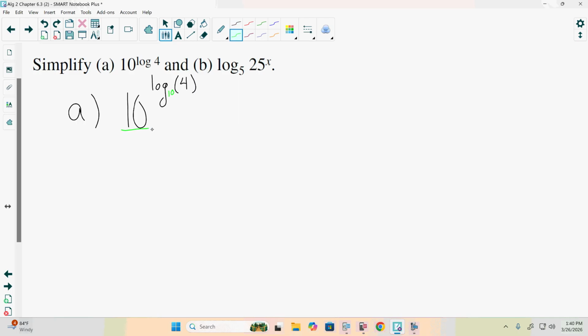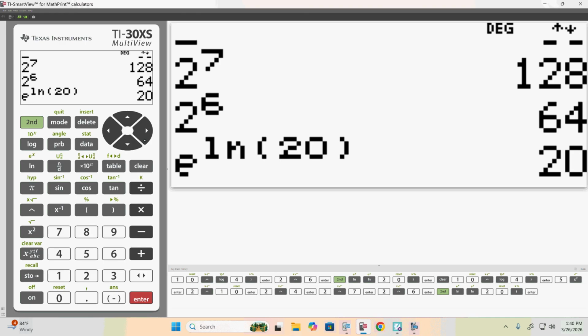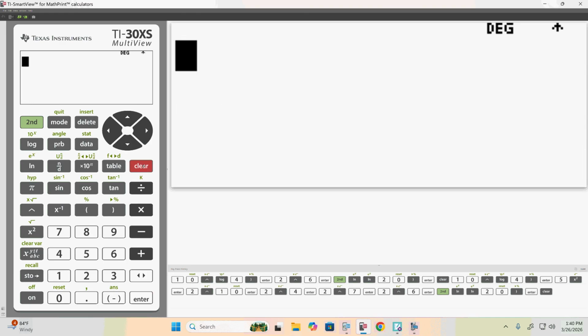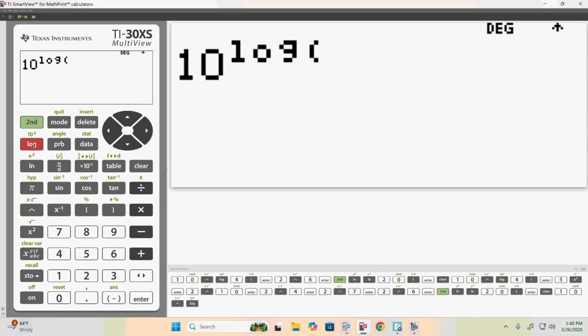Since the base and the base of the log are the same, this is going to simplify to 4. It will simplify to what's inside the log. And the interesting thing is I can enter 10 to the log of 4, and because it's all numbers, the calculator will tell us it is indeed 4.